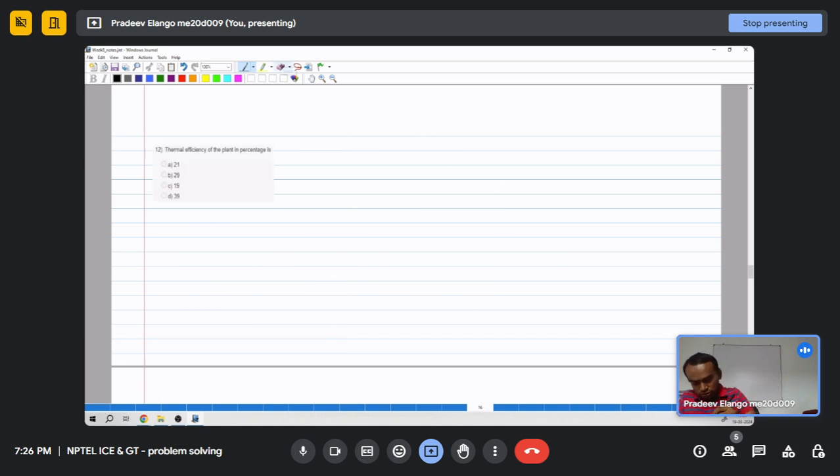Okay. Next one, thermal efficiency of the plant. How can you calculate?